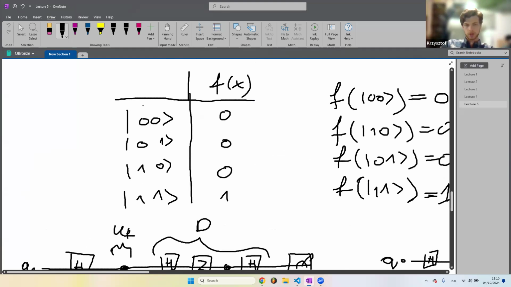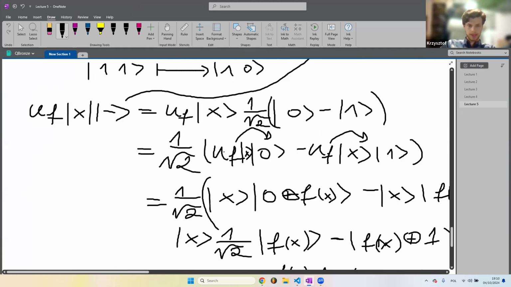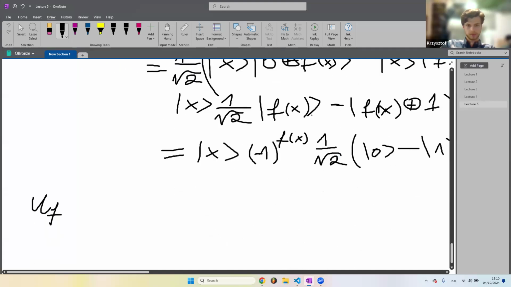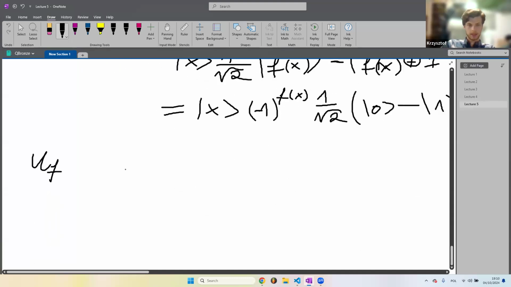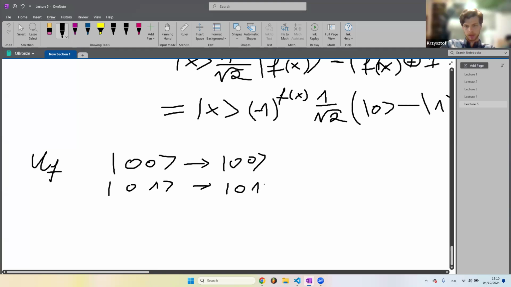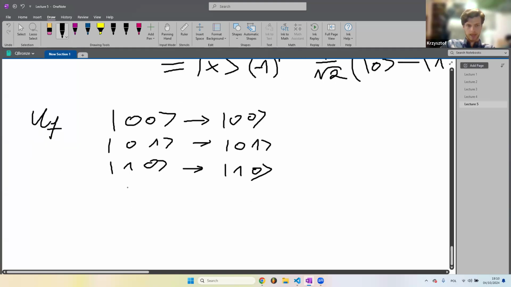So in order to do this, we can see that this oracle, based on the function f of x, transforms state 0, 0 to state 0, 0, the state 0, 1 to 0, 1, state 1, 0 to 1, 0, and state 1, 1 to minus 1, 1.